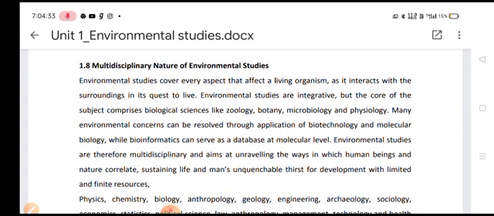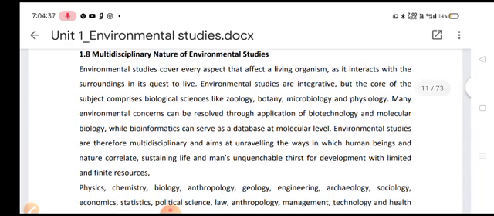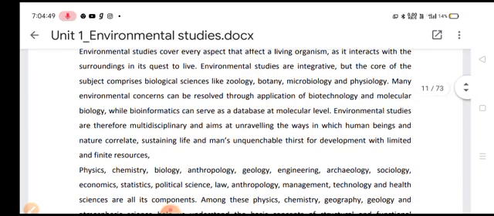Multidisciplinary nature of environmental studies. Environmental studies cover every aspect that affects a living organism as it interacts with the surroundings in its quest to live. Environmental studies are integrative, but the core of the subject comprises biological sciences like zoology, botany, microbiology, and physiology.